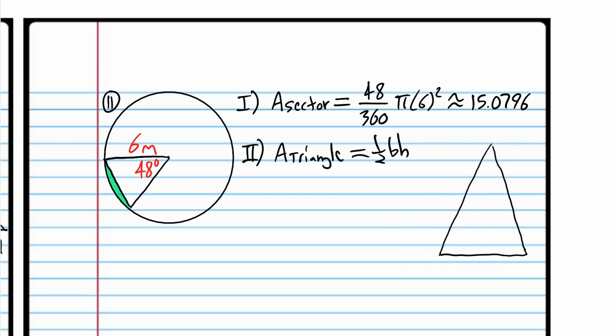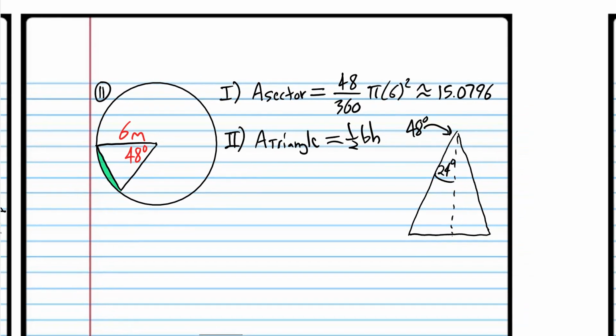So that top angle is 48 degrees, but when you drop the altitude down, it's going to cut that angle in half, so it's going to be 24 and 24. And this side is 6, that side is 6, and we're going to call these sides x as usual.